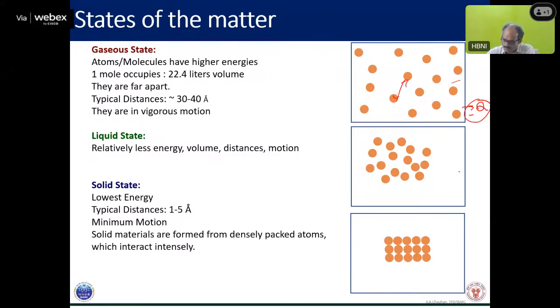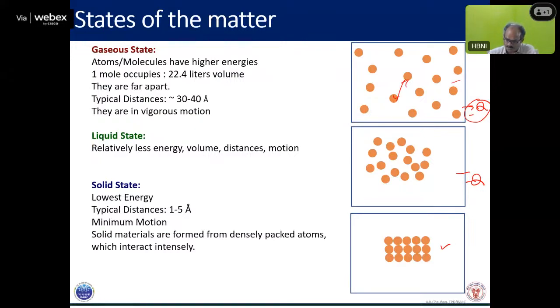Now, if I further reduce energy, then what will happen? They will achieve the lowest energy, and they solidify and become solid. So what is the property of solids? They have the lowest possible energy.